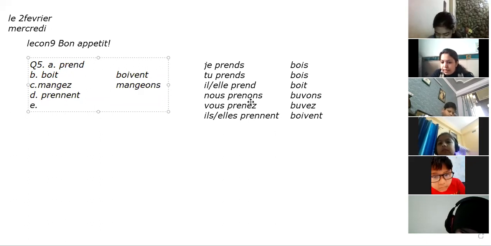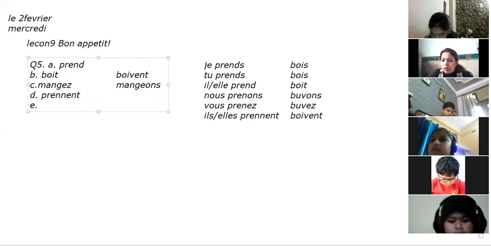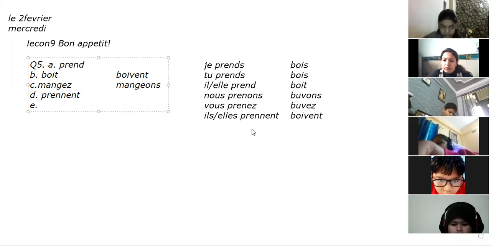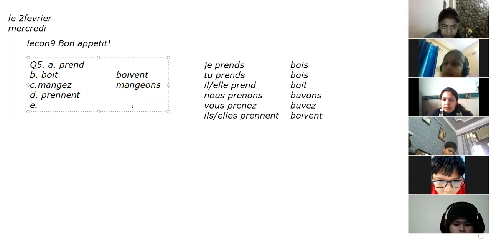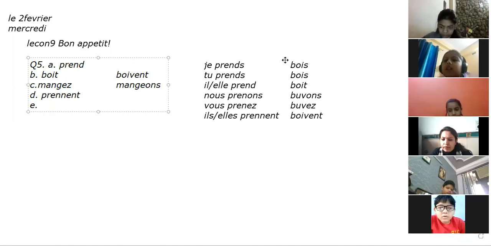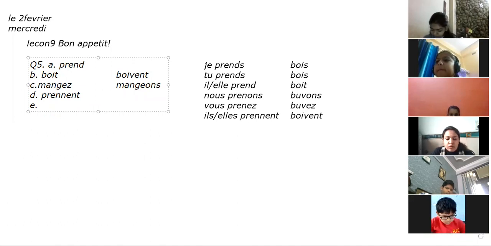Ritul, tell me the next answer. Nous dash du jus de fruit aujourd'hui. What will come in boire verb with nous? Ritul? Ritul, are you able to hear me? Ma'am, it is buvons. Nous buvons.